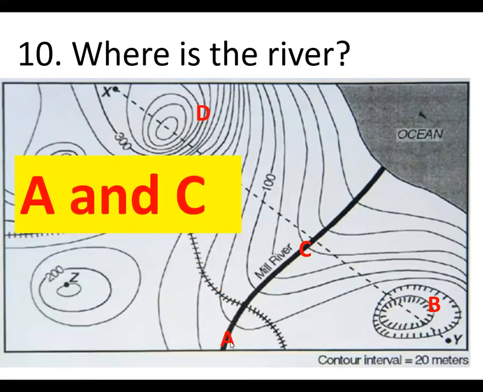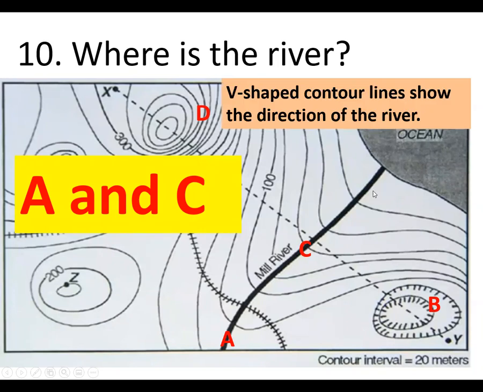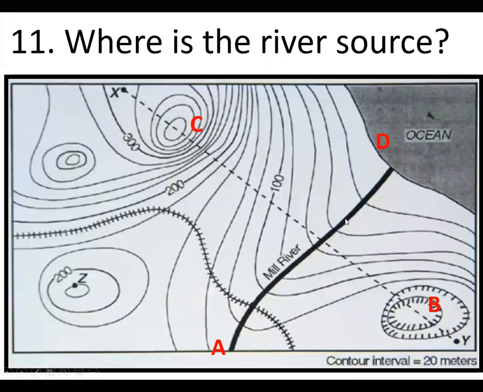This is the river, and here you have your headwater or the source of the river because the contour lines are pointing towards the source of the river. And this is the mouth of the river emptying the water into the ocean. V-shaped contour lines show the direction of the river. Okay. The direction of the headwater, that is.